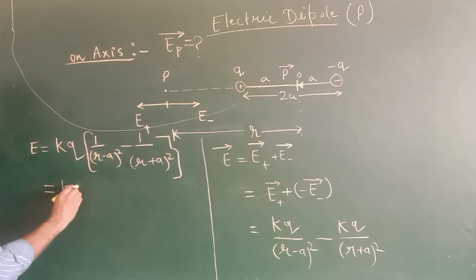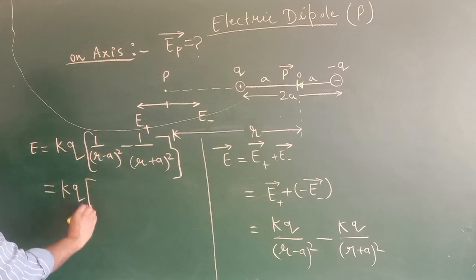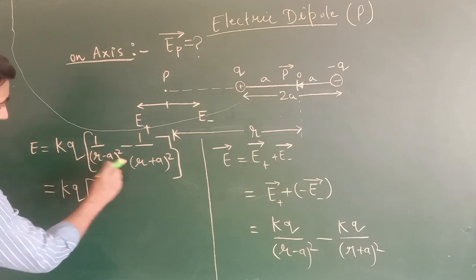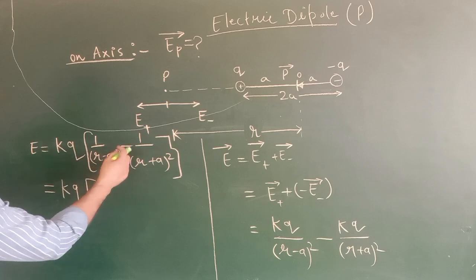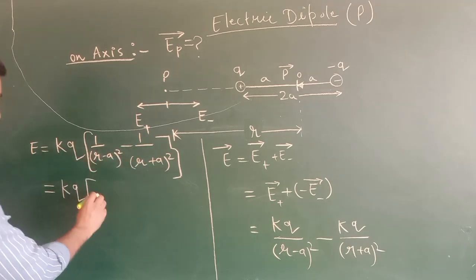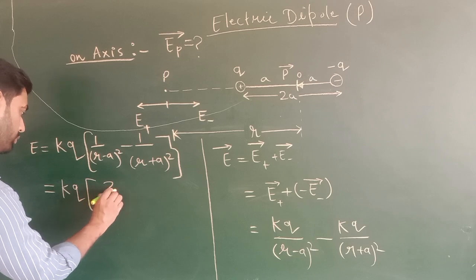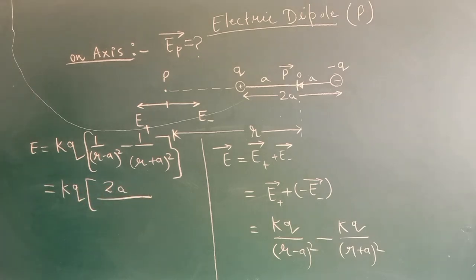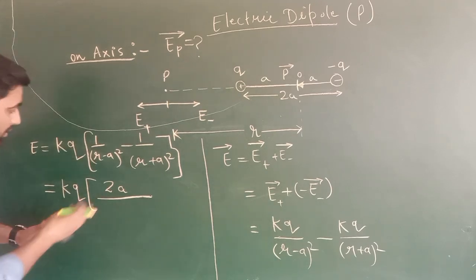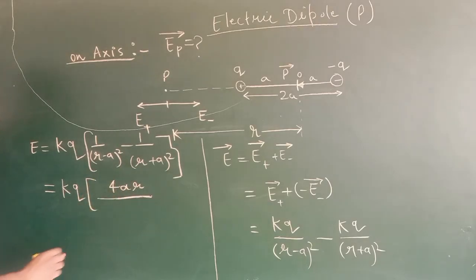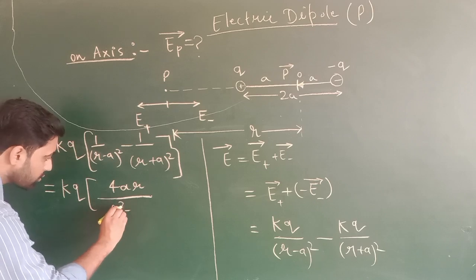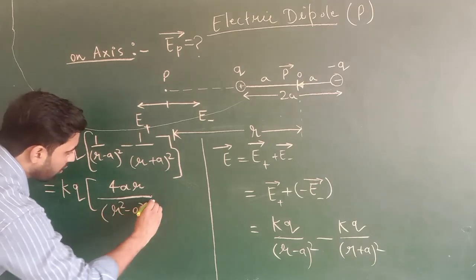If we solve this, we get kq times 4ar divided by r square minus a square, whole square.